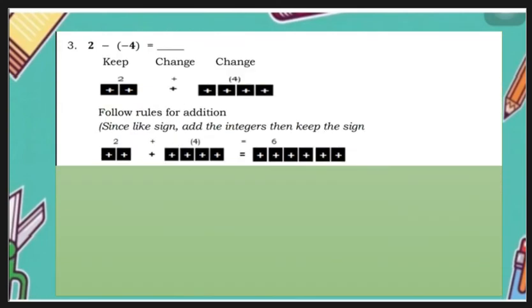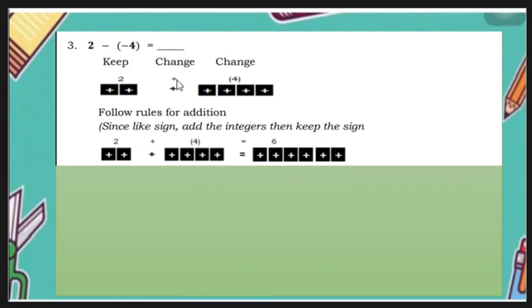Next, how about this one? We have 2 minus negative 4. Again, we have 2 positive plus we have 4 positive. So follow the rules for addition since like sign, add the integers then keep the sign.